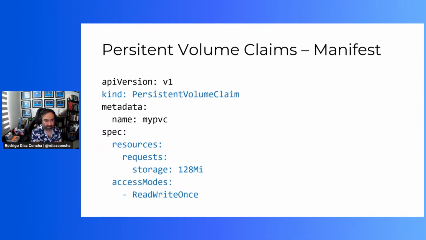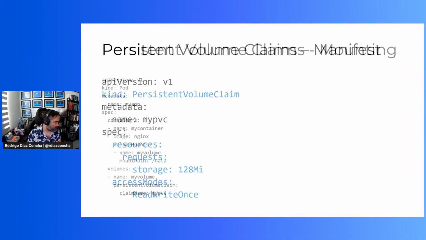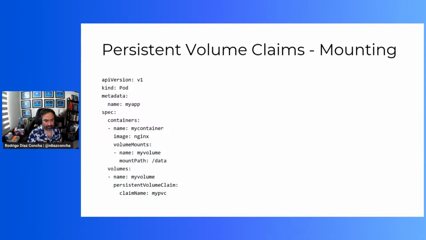So you define this in a manifest file, you apply it, and then you can use it in your pod specifications, right? As you can see, this is my PVC object that this other code is referencing.